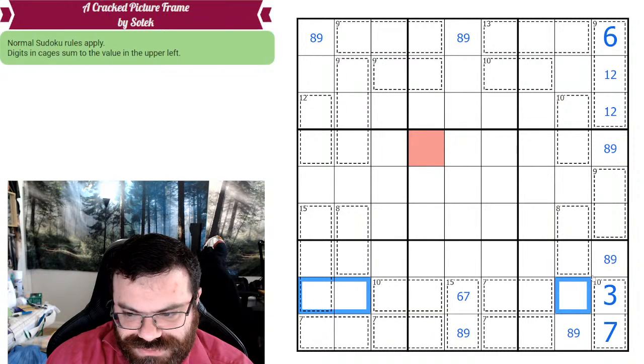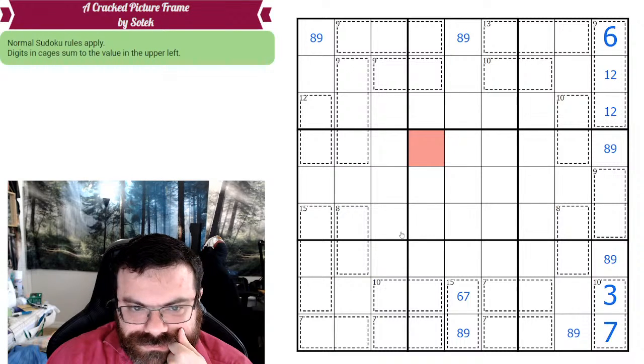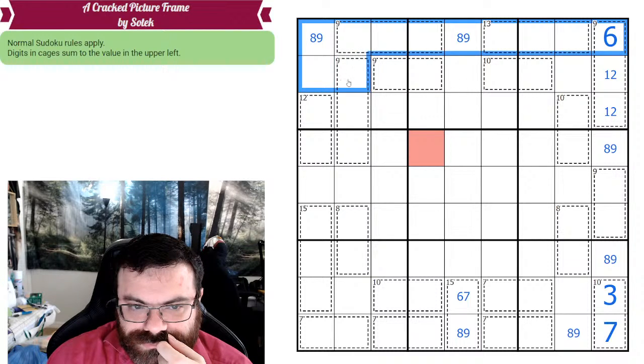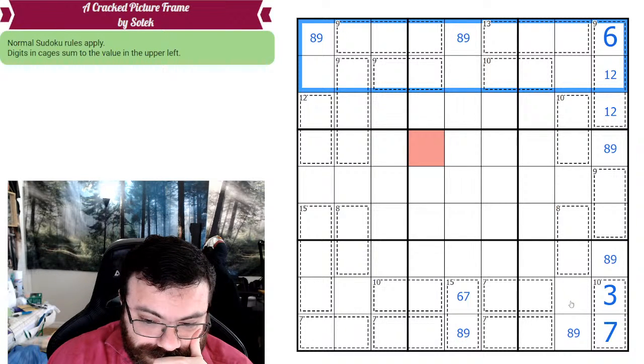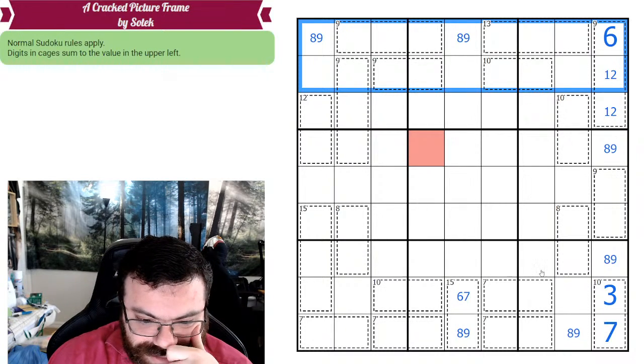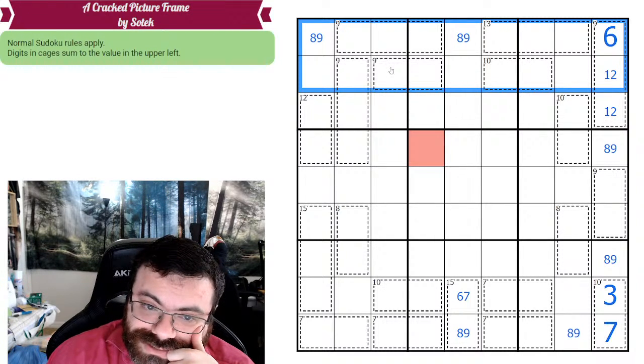So these are 19 or 20. This maxes at 6. That's okay. Oh, 18 or 19, you're right. Either way, it's not helpful.